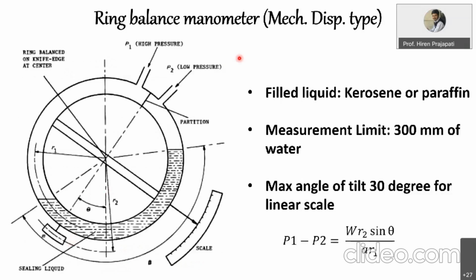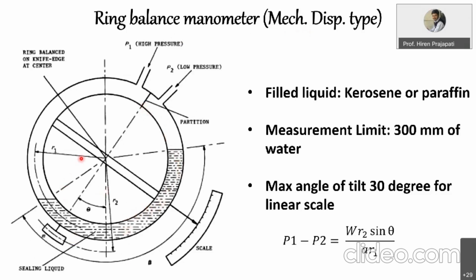First of all, a very basic arrangement, which is called a ring balance manometer, also called a mechanical displacement type instrument for pressure measurement. Here we have one circular glass tube in which kerosene or paraffin is filled, right?